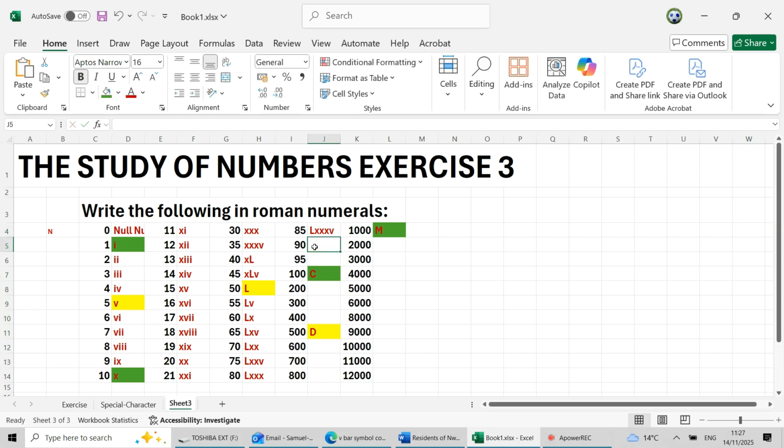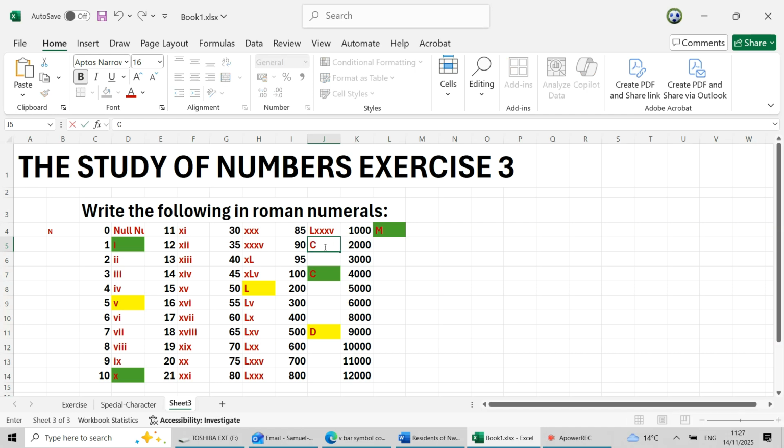And then 90. Now we cannot repeat X more than 3 times, so we need to borrow 90 from 100. How do we do that? We go to 100, which is C, and we say, hey, we need to make 90. How can we go about it?